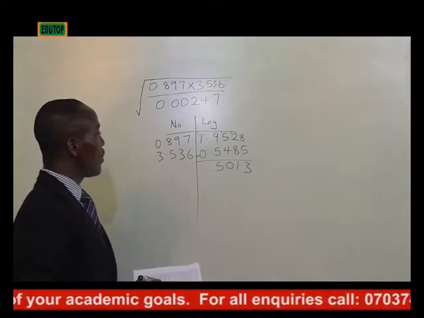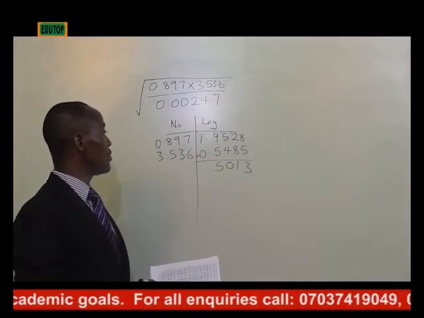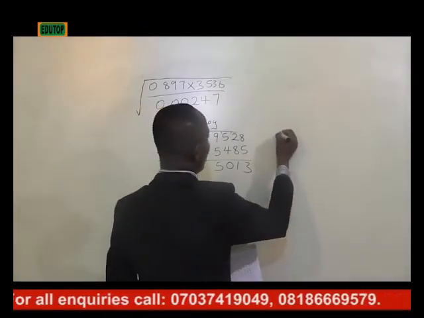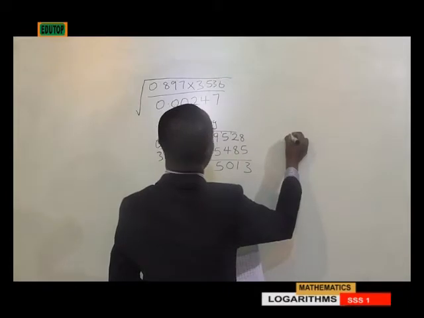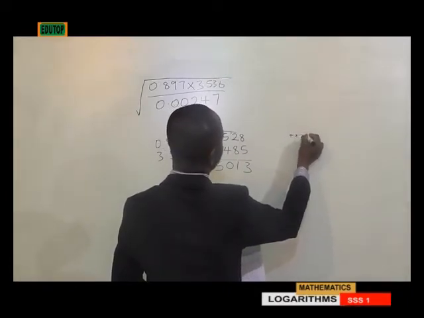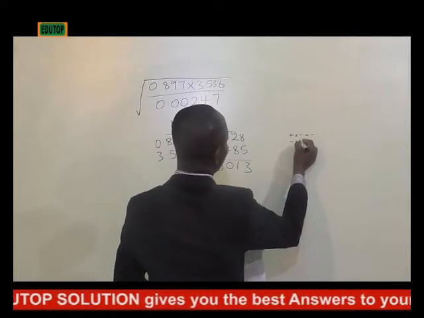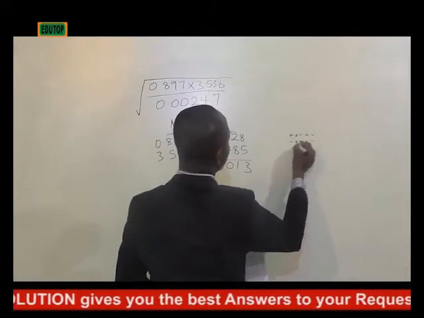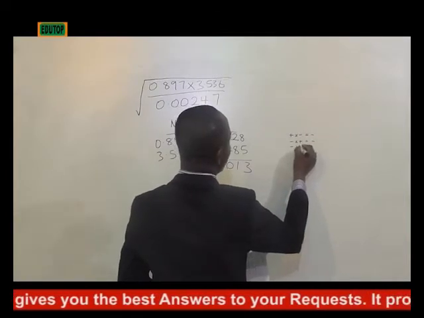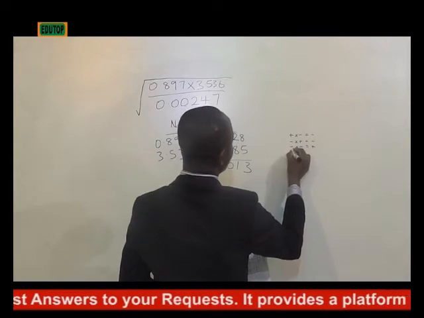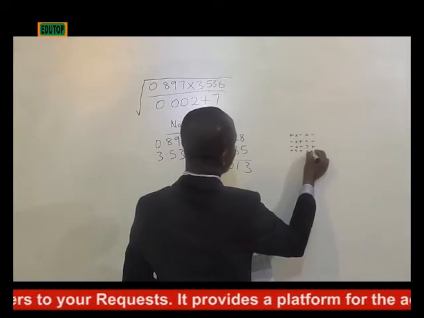1 plus minus 1 is 0. Remember: plus times minus is equal to minus, and minus times plus is equal to minus. Minus times minus is equal to plus. Plus times plus is equal to plus.